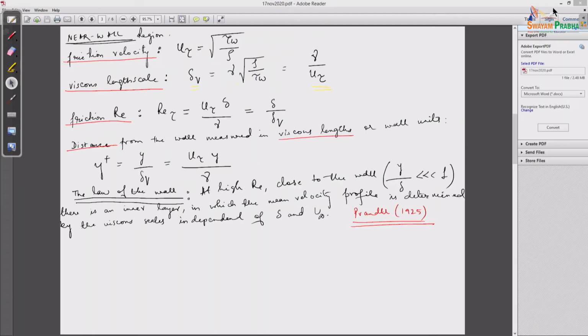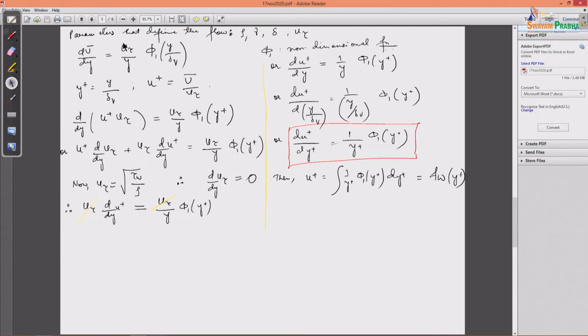In that case, this function we have is a non-dimensional function which we defined earlier. Let me go back and remind you. This is the phi that I'm talking about. We defined the gradient of the mean velocity in this fashion, with all the viscous length scales, where y by delta v is nothing but y plus.